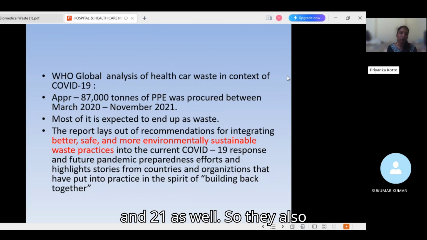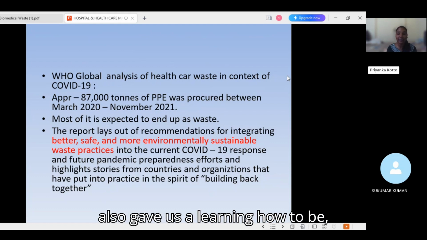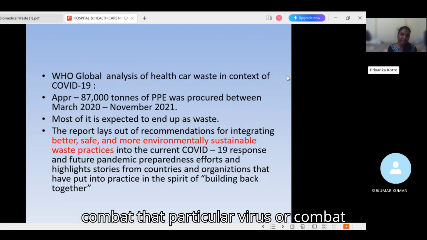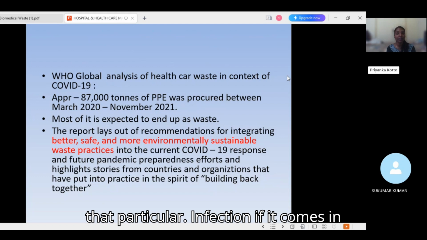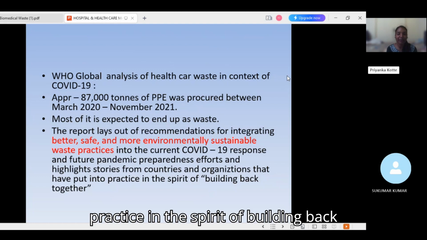It gave us a learning on how to become prepared enough to combat that particular virus or infection if it comes in the future. So that is like a practice in the spirit of building back together.